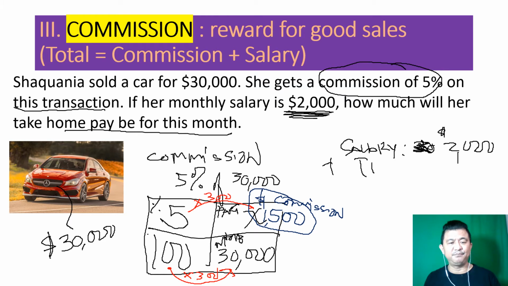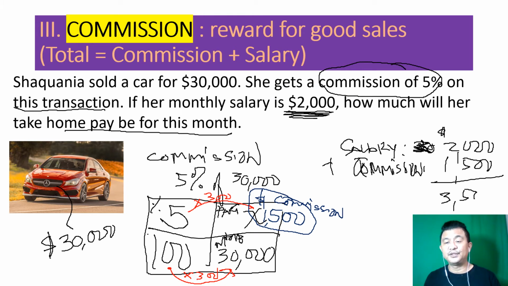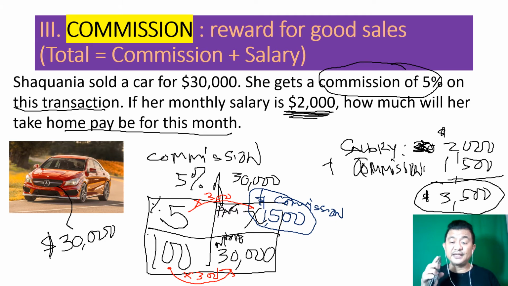No, not tip, plus the commission of 1,500. So at the end of the month, guess what? She brings home 3,500. So that's what you get for doing a good job. So remember, commission is something to be added at the end of the transaction.